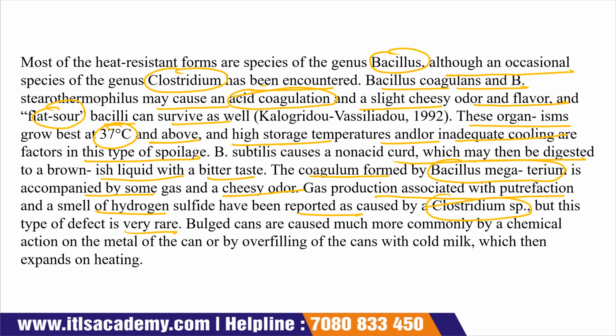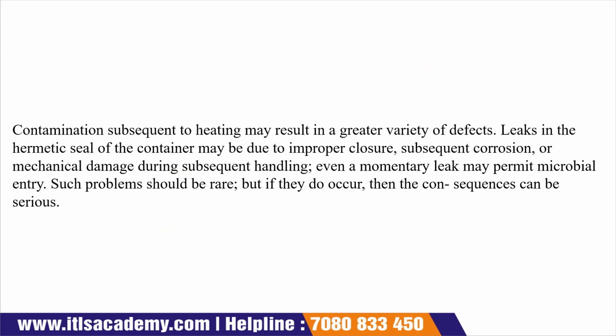Bulging cans are commonly caused by chemical action of the metal of the can, or by overfilling of the can with cold milk, which then expands on heating. That's why headspace is important. Contamination subsequent to heating may result in a greater variety of defects.